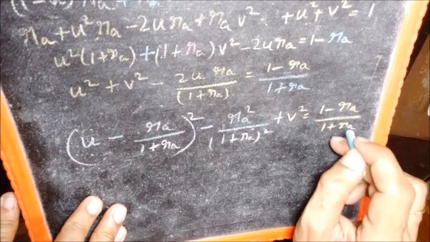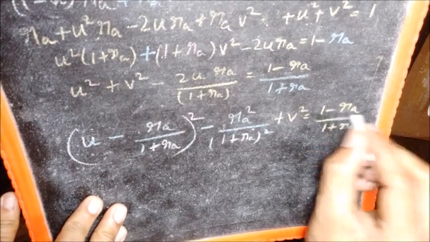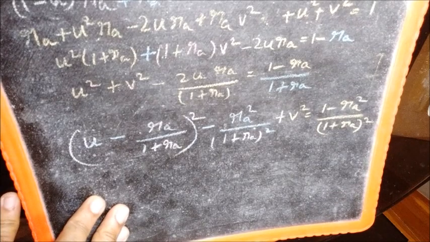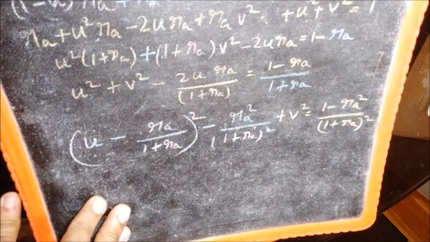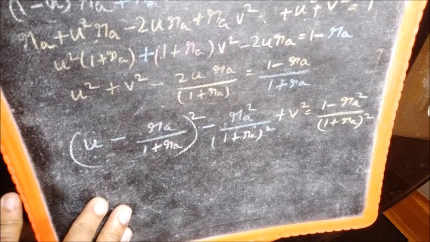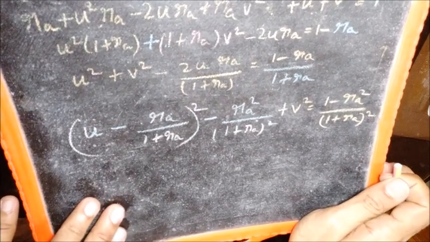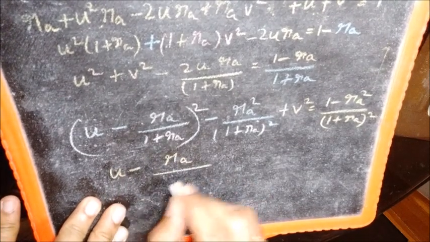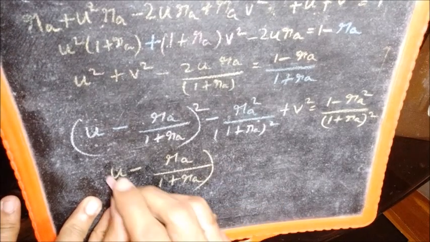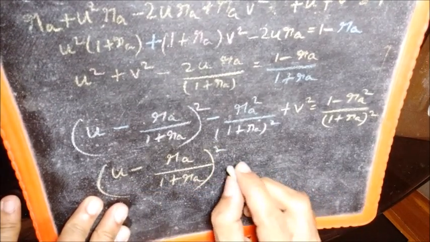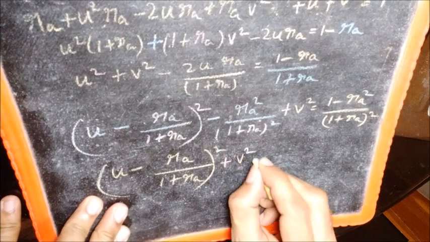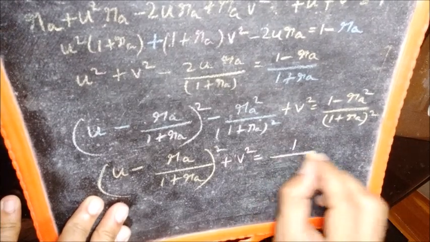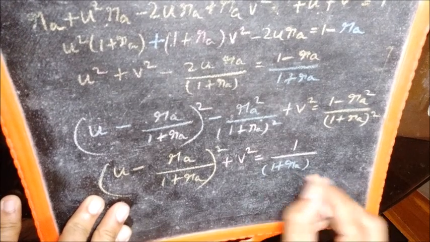So this I can now write as 1 minus RA square, and square of this. That is, just multiply numerator and denominator with 1 plus RA and use a plus b into a minus b is a square minus b square. And now we are closing in on an expression of a circle. U minus RA by 1 plus RA square plus v square is equal to, take this over here, 1 by 1 plus RA square.